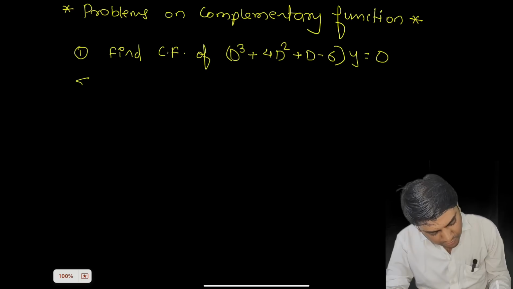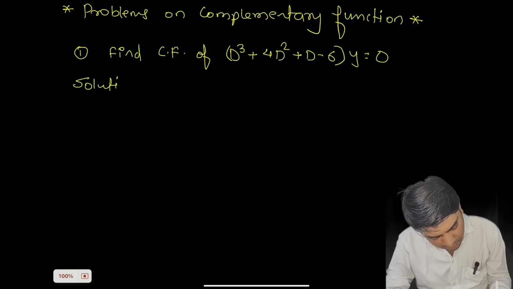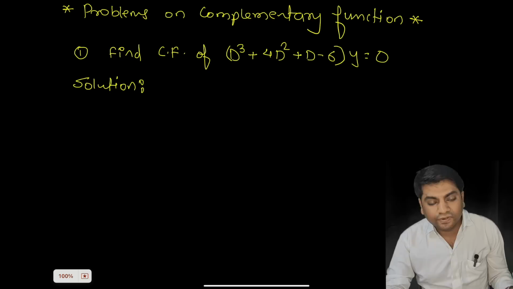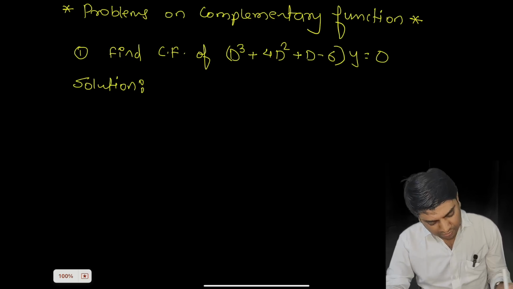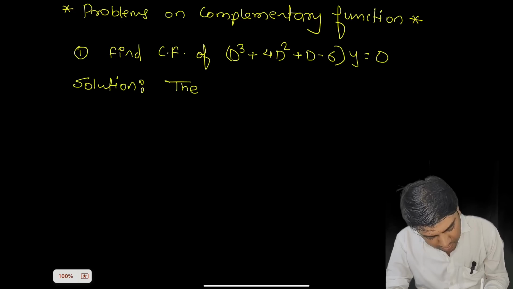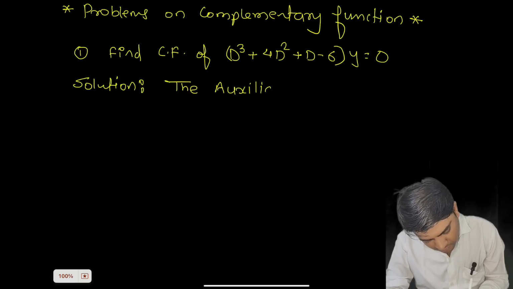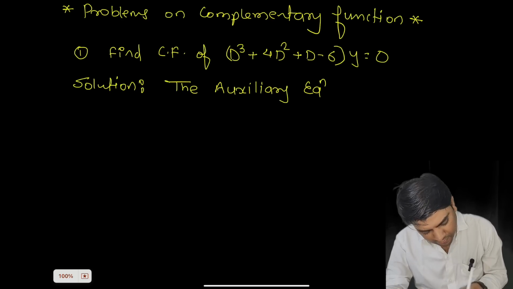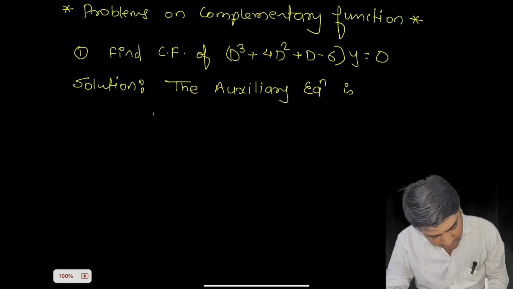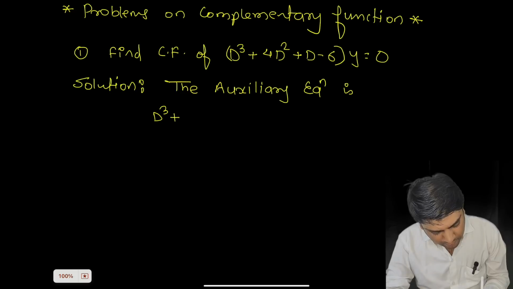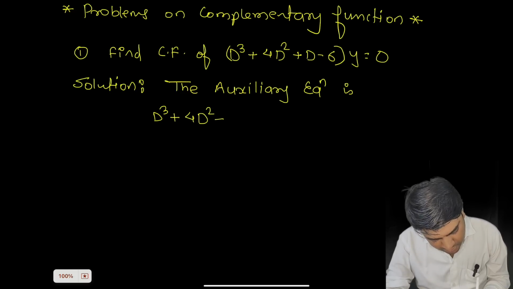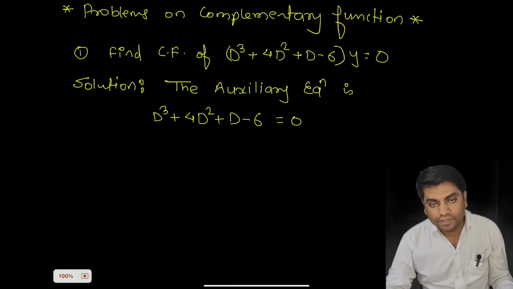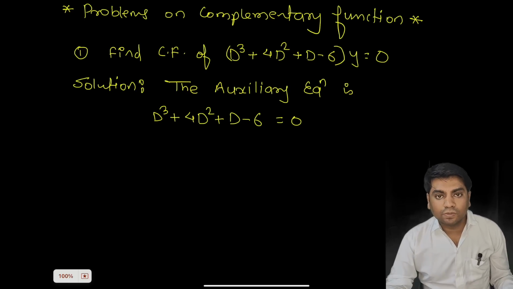Okay, so solution. First the auxiliary equation. So auxiliary equation is d cube plus 4d square plus d minus 6 is equal to 0. So this is our auxiliary equation.